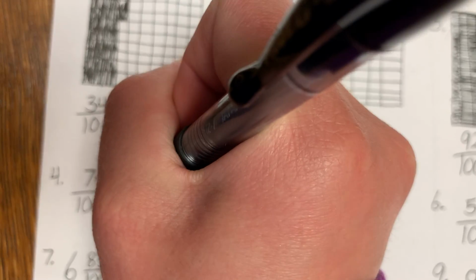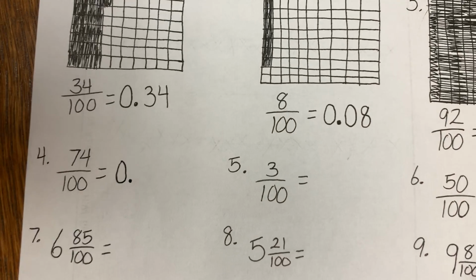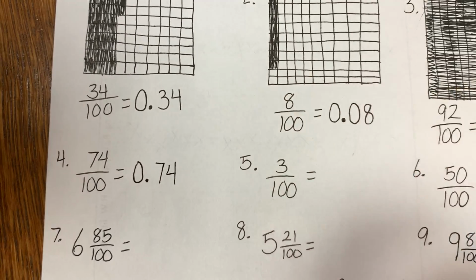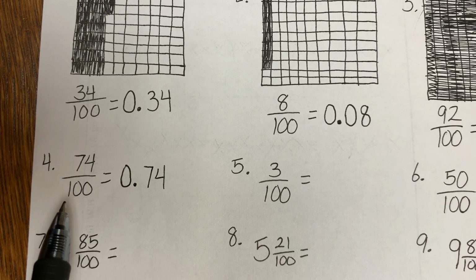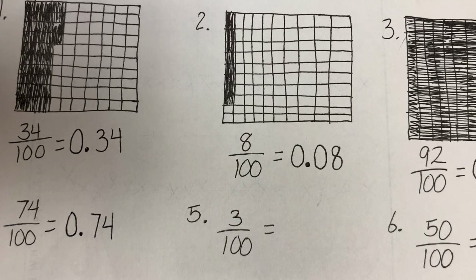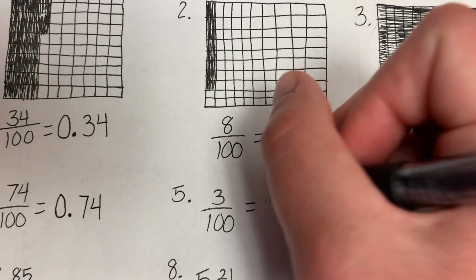Okay, so 74 100ths, we have 0 whole numbers, so 0.74 is equal to 74 100ths. Okay, those are equal.